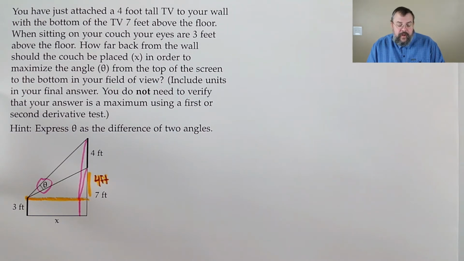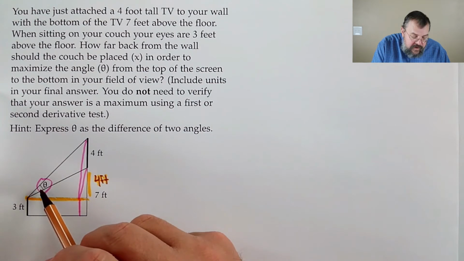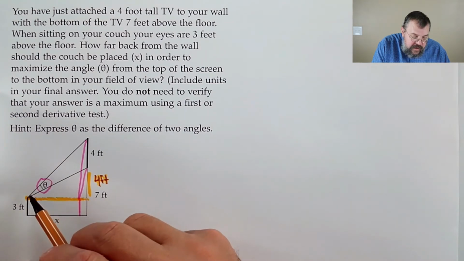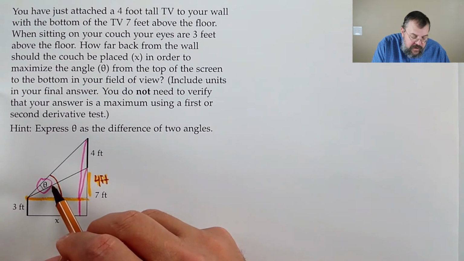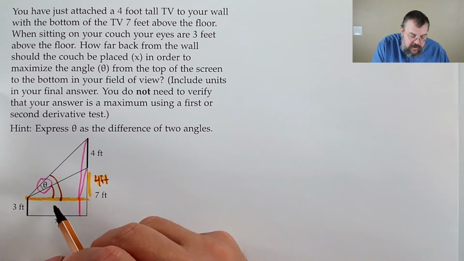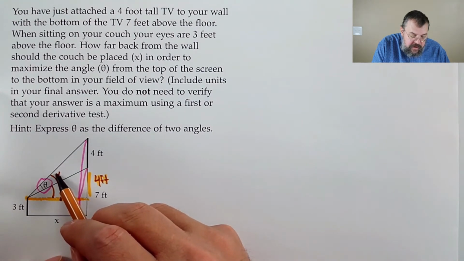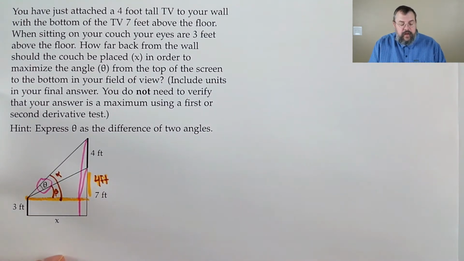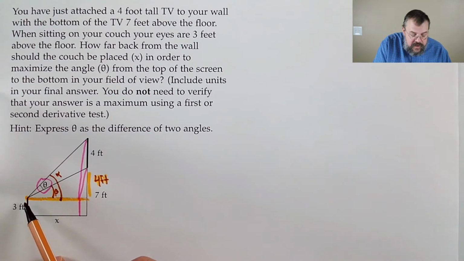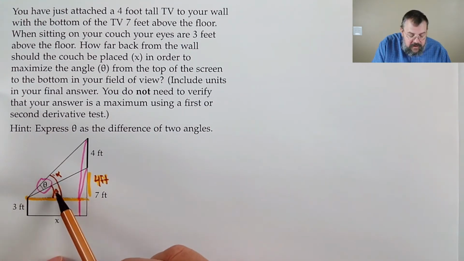Now, let's follow our hint. So I'm after this angle, and I can see that I can start with a big angle, and then I can subtract off a smaller angle. So if we call our big angle alpha and our smaller angle beta, what can we say? Well, let's look at our big angle first. I have my angle in the corner.